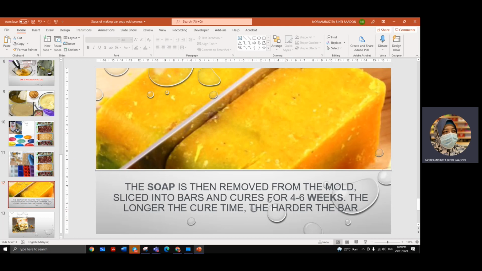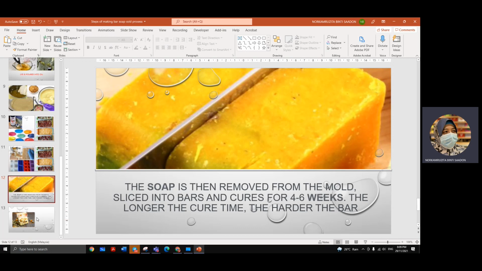It takes about 4 to 6 weeks to cure. This is the moment where your soap will become solidified and all the sodium hydroxide will be used and transformed into your soap. We don't want to rub our skin with sodium hydroxide, so make sure that you cure it for about 4 to 6 weeks before you use it.